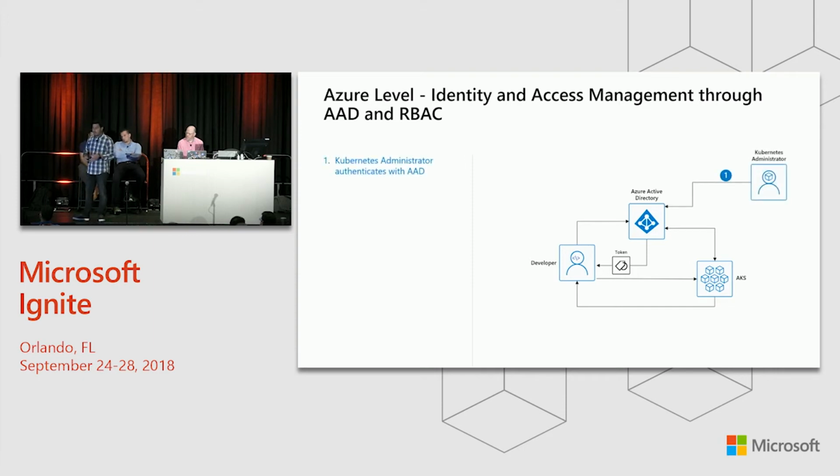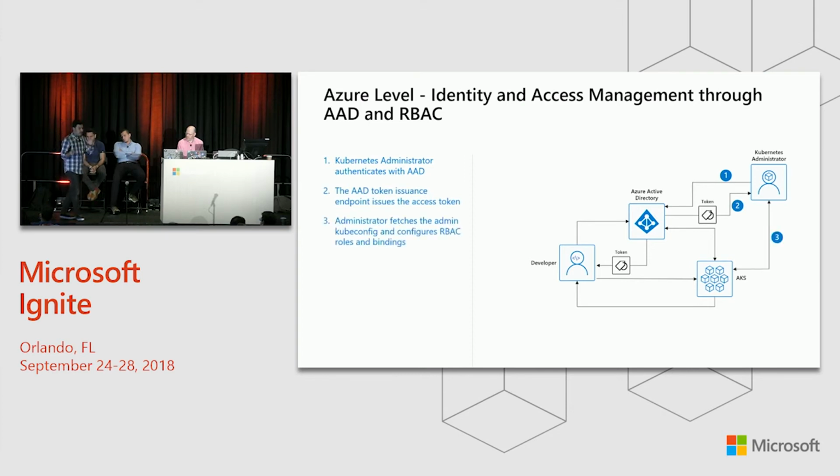So as a recap, the Kubernetes administrator is going to log in for the first time, download the admin kubeconfig file, access Kubernetes and make those configurations. And then finally, it's going to enable the flow that you did, because the developer is now able to go and download the normal, non-privileged kubeconfig, and will be prompted to log in.